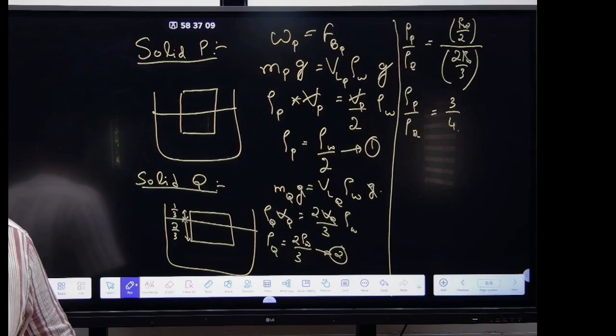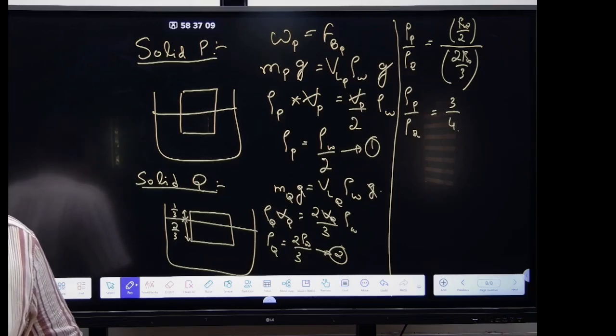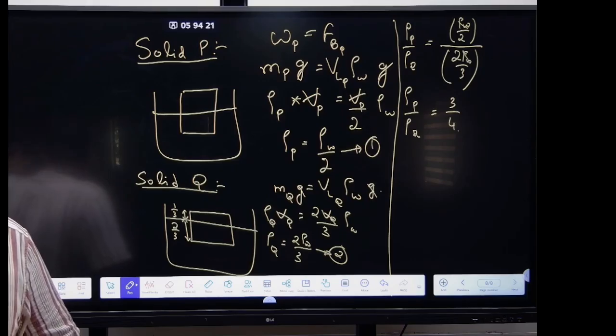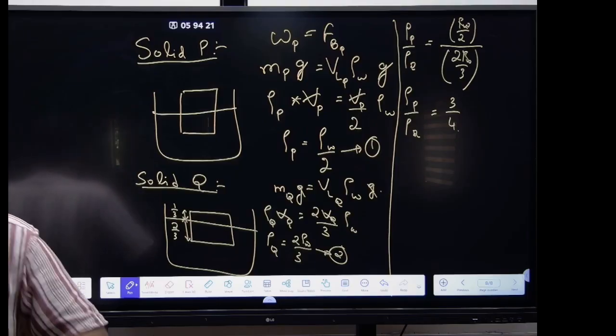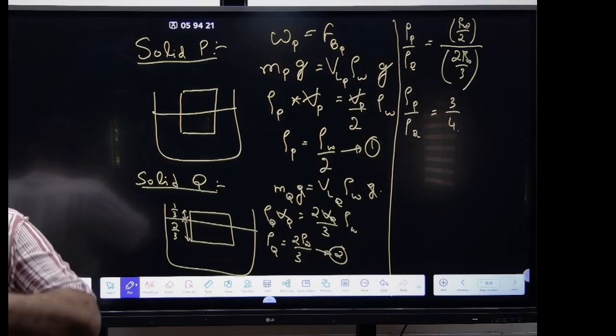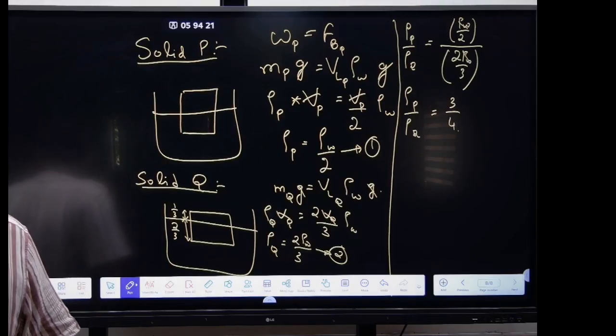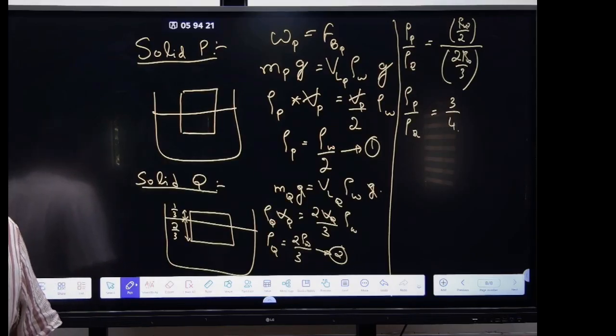Forget about the radius and diameter, directly substitute, because remember it is a ratio. You can take it as a diameter or as a radius, both will remain one and the same, because the constant will cancel off in the ratio. So we can say RB square or DB square, whatever the case is.